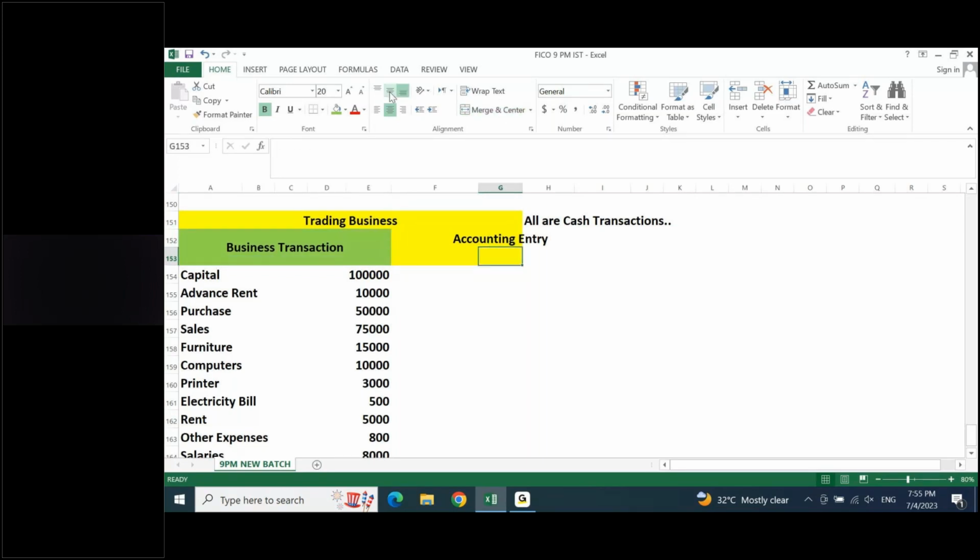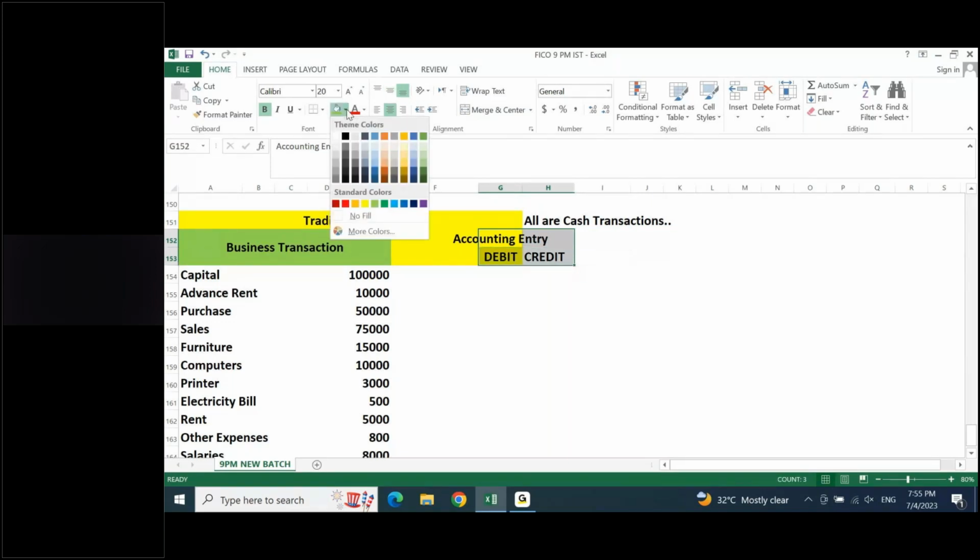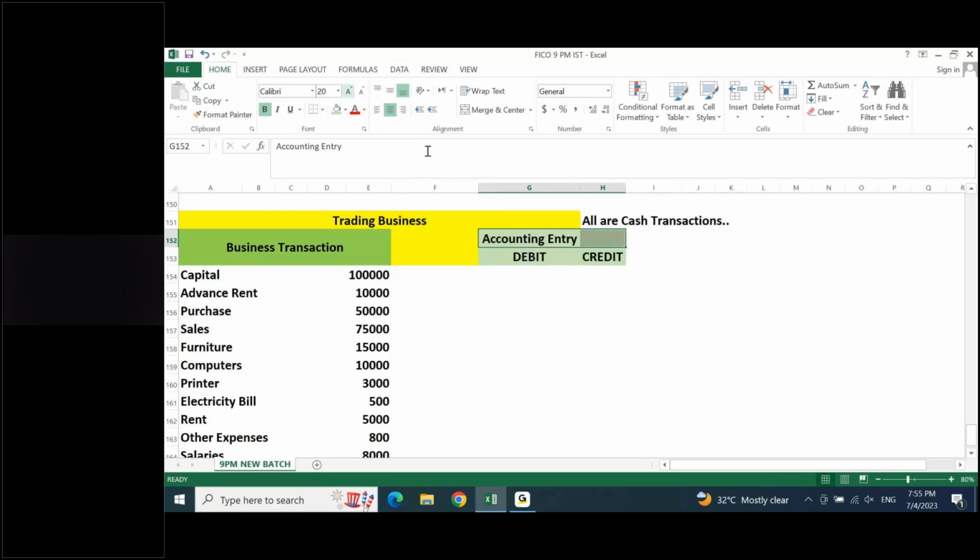And for accounting entry, you need debit, you need credit. Let me take another color. Accounting entry, debit and credit we have to write.